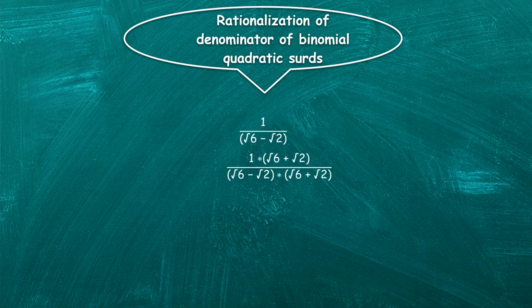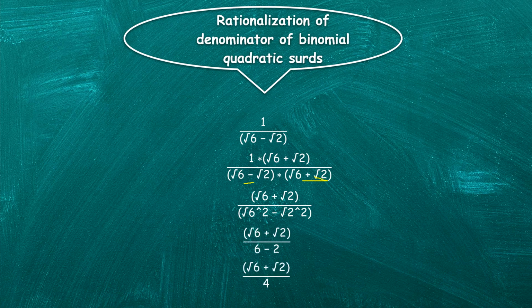Here what we'll have to do is multiply the numerator and denominator with the opposite sign. See, in the denominator it was minus and we used its rationalizing factor as plus. Now again the same formula we'll have to work on, that is a plus b, a minus b, a square minus b square. And what we'll get at the denominator is a rational number.